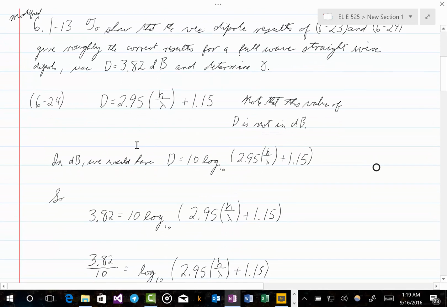Now, as we've been told, in dB, the directivity is 3.82. So we plug in on the left-hand side of this equation now. For this is D. Maybe I should actually emphasize that that's the value of D in dB.